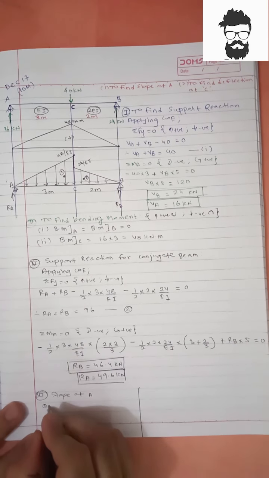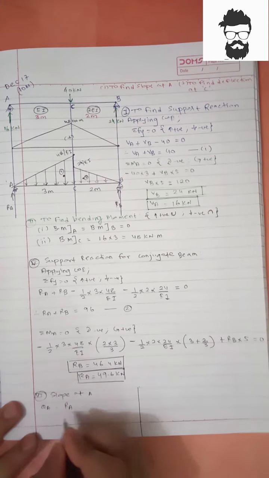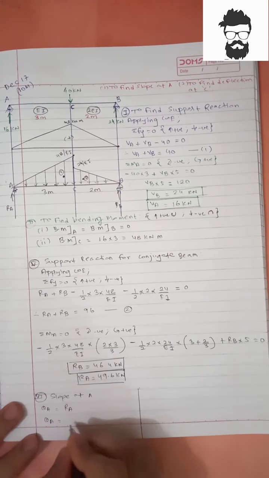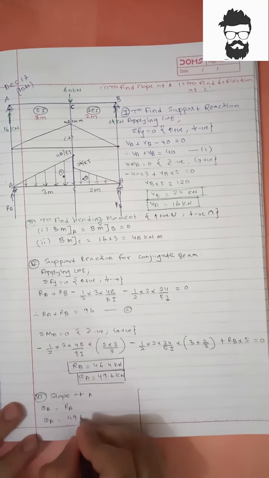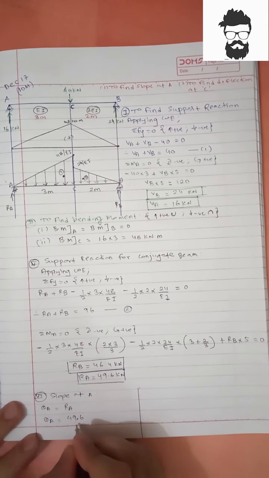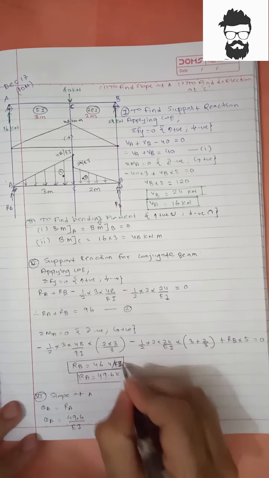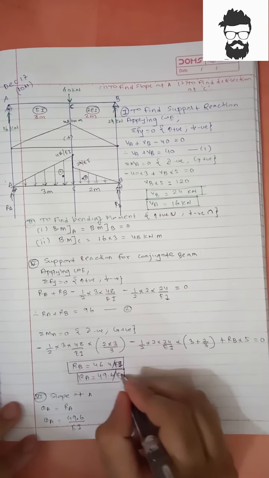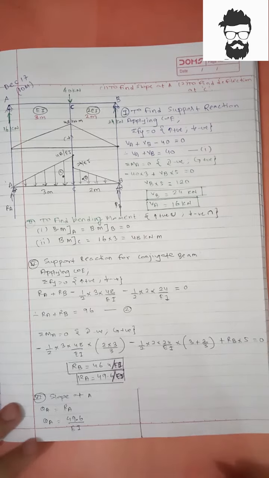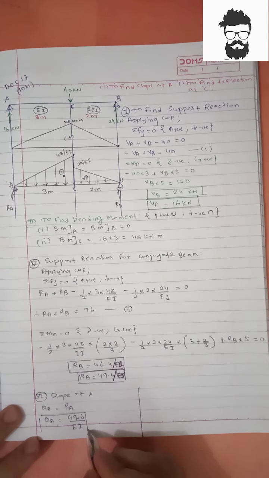So slope at A will be equal to RA. So theta A will become 49.6 divided by EI. This both answers should be in terms of EI. So theta A becomes 49.6 by EI.